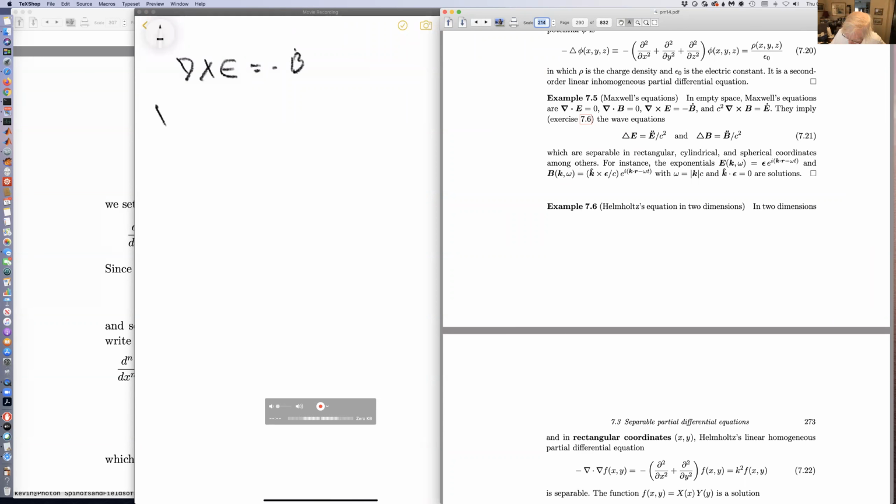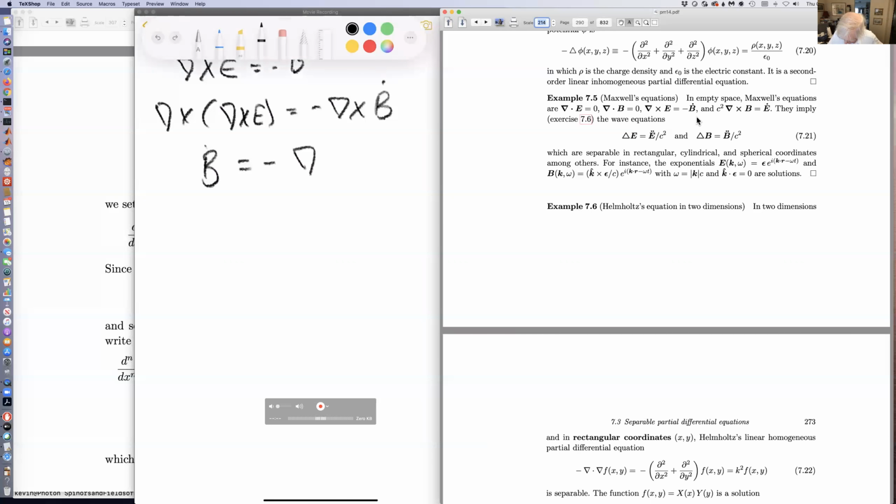So we have the curl of E is minus B dot. So now let's take the curl of that. So the curl of E will then be minus the curl of B dot. On the other hand, we know what B dot is, namely B dot is minus the curl of E. Oh, well, I've already used that, so that was kind of stupid. So let me see if I can sort of undo those steps.